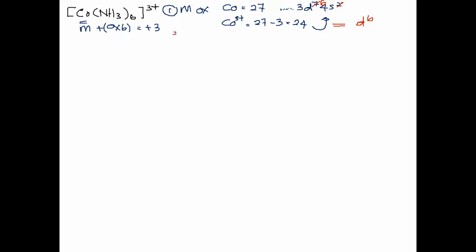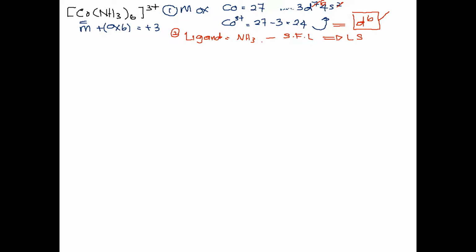And the second thing, you look at the ligand. So this ligand is NH3. NH3 ligand, as you know, is a strong field ligand, and it can arrange its electrons from the metal side in the low spin arrangement, because as you see here, the metal is d6.